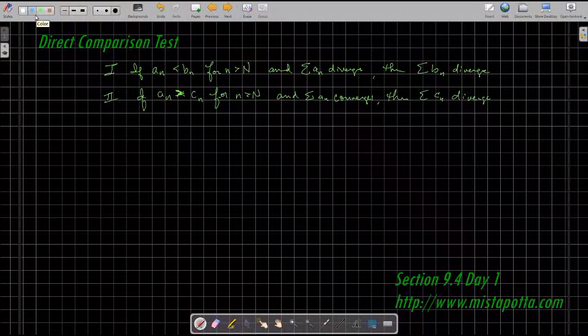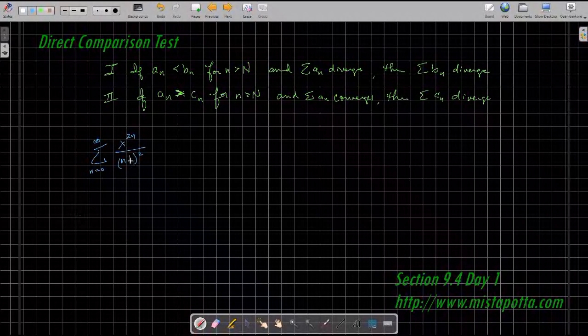So let's say that I've got the sum of x to the 2n over n factorial squared, as n goes from 0 to infinity.